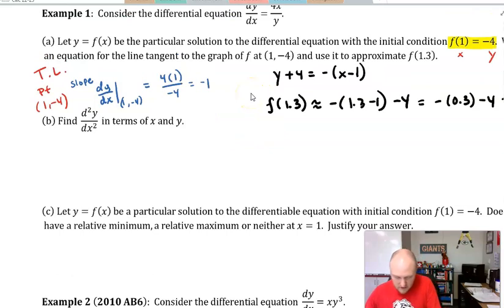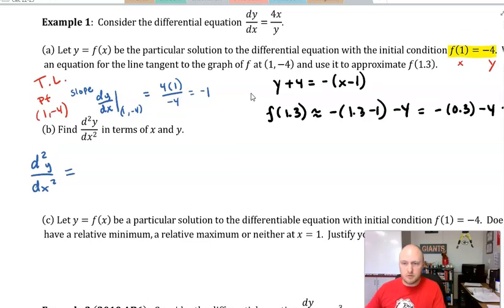If I am going to take a second derivative of this, I need to use the quotient rule. Oftentimes differential equations are in fractional form.